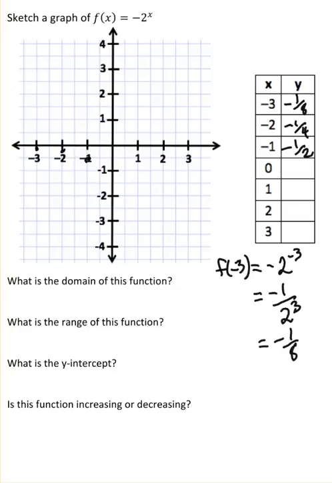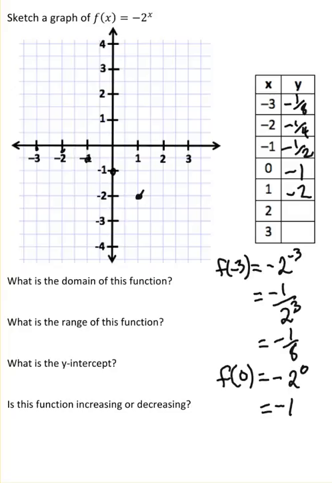When x equals 0, right, I'll get f at 0 would be negative 2 to the 0, or negative 1. So my new y-intercept will be negative 1 here. When x equals 1, I get negative 2 to the 1, or negative 2, down here.